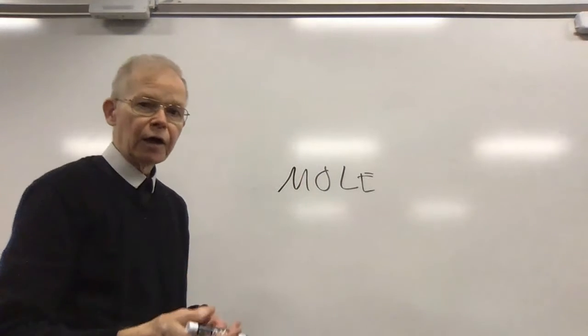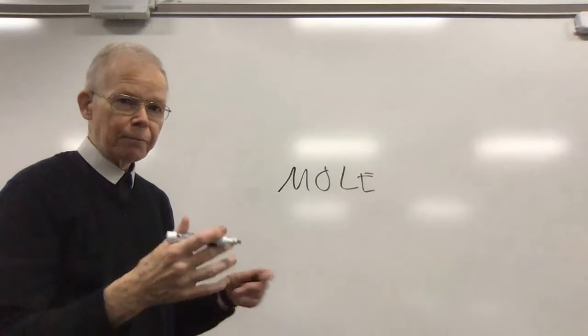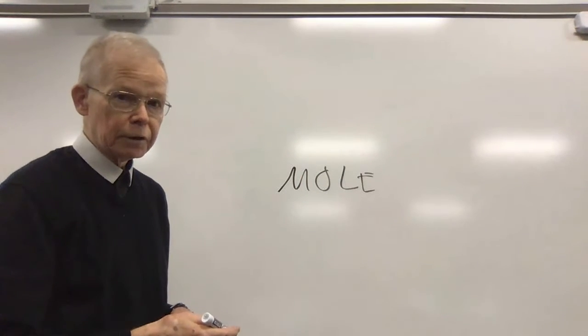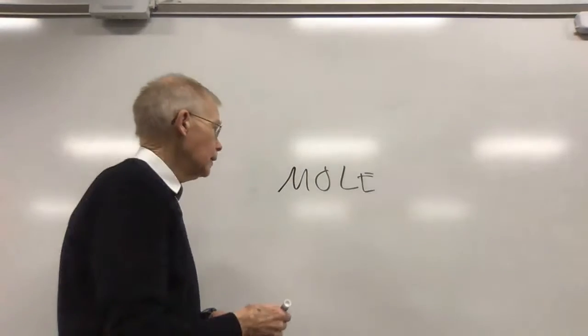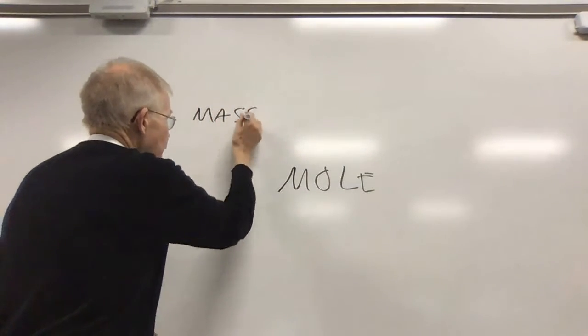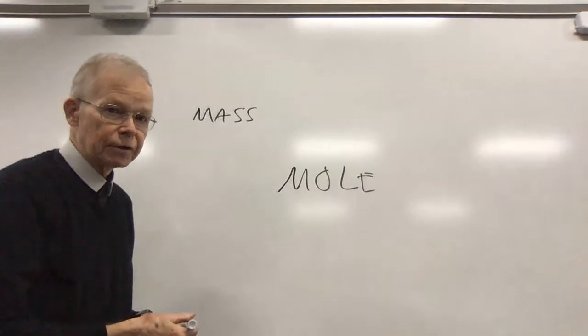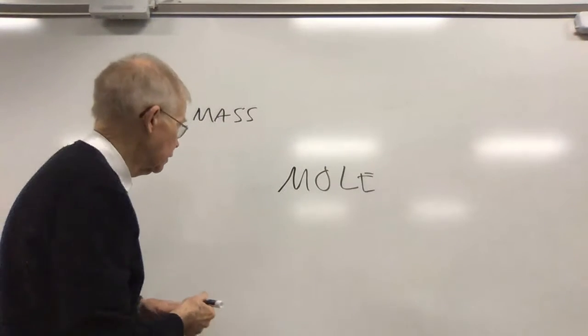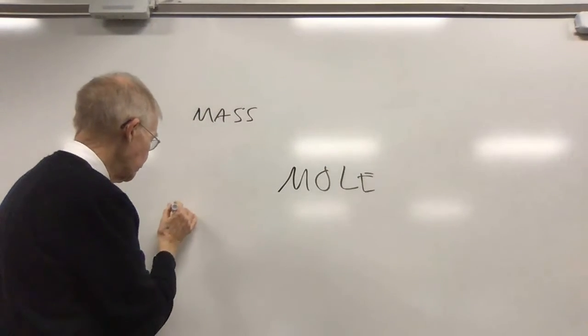Mole is going to be the hub to this map or to the conversion process. Up on the one corner, I'm going to put mass. You can put these in any position. I'm just going to keep with this pattern here.